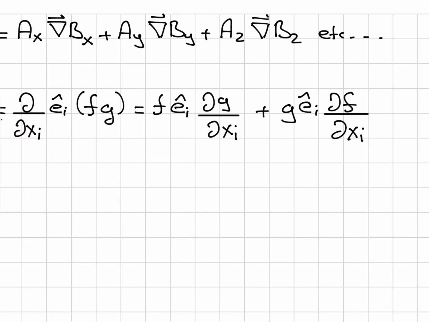All right, and that means here I have ei hat del xi applied to g, that is f times gradient of the scalar function g, f gradient g, plus here I have g gradient of the scalar function f.